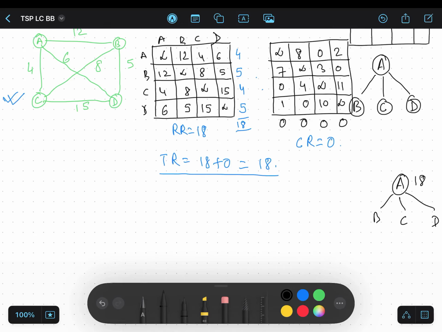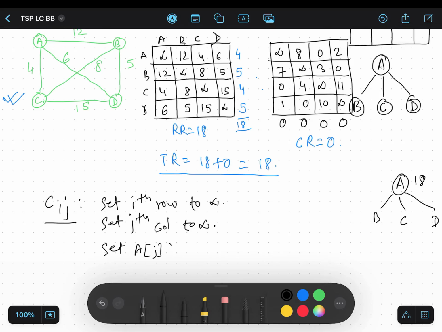Now to find that cost, what we are going to do is set the ith row to infinity, set the jth column to infinity, and set the reverse entry to infinity. We are going to do these things, and this one is our current matrix.